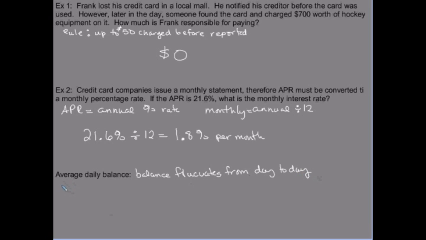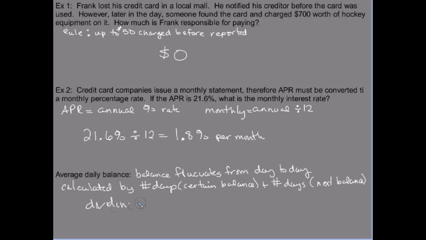The average daily balance is calculated by taking the number of days times a certain balance, plus a number of days times the next balance, etc. And then dividing by the total number of days in the billing cycle. And this is used to calculate finance charge.